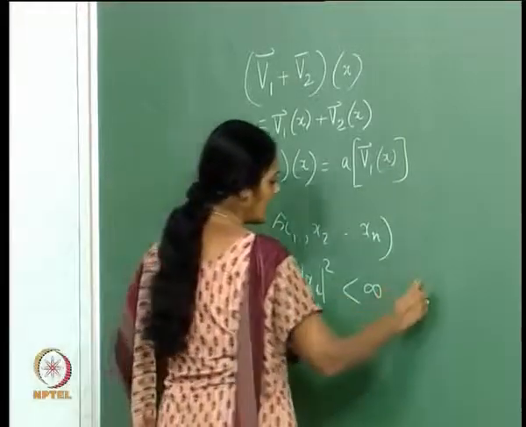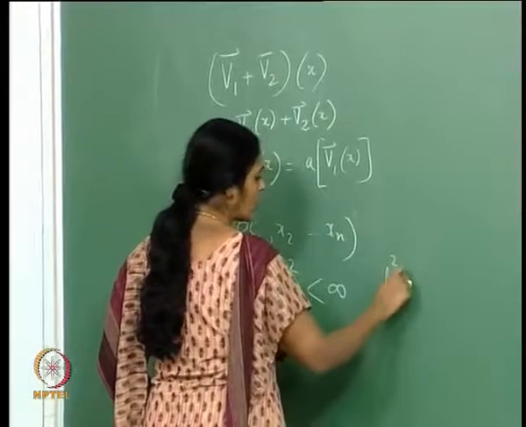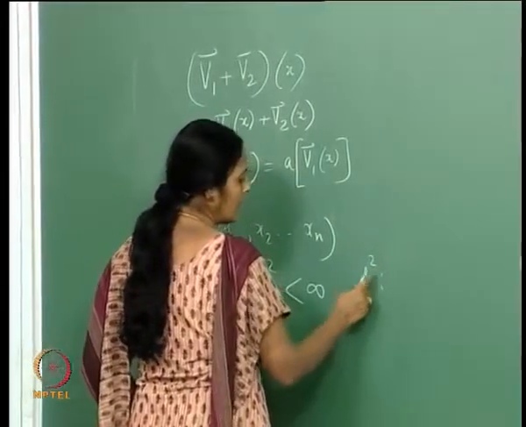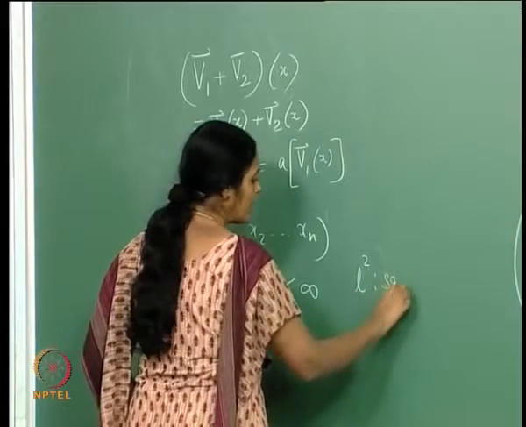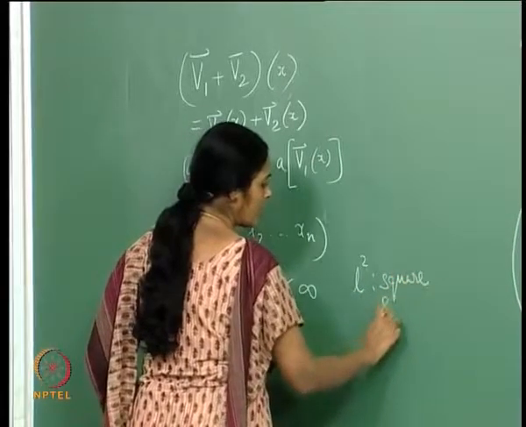This space is a linear vector space denoted by little l2, the space of square summable sequences.